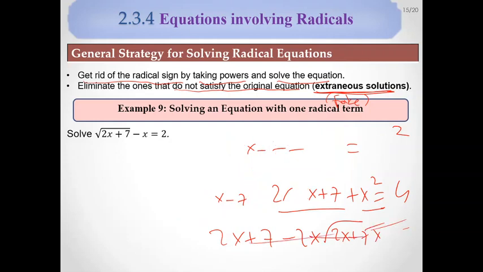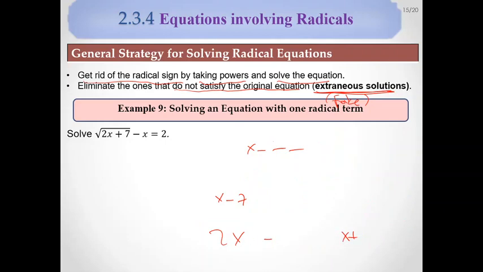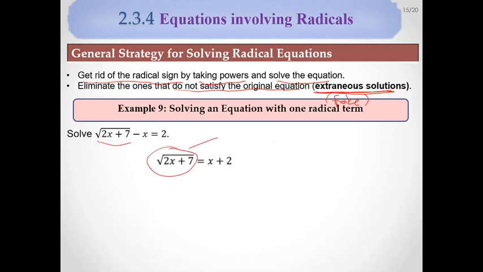A better way is to isolate the radical sign. Isolate the radical term. Now look at here. Isolate means leave it, write it alone. So here, take this one and send it to here. So it's x plus 2.